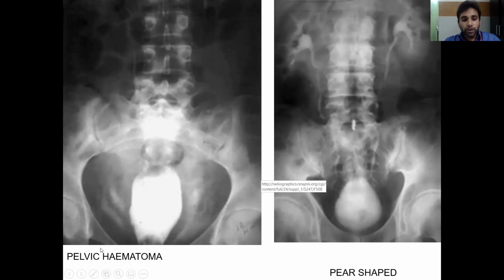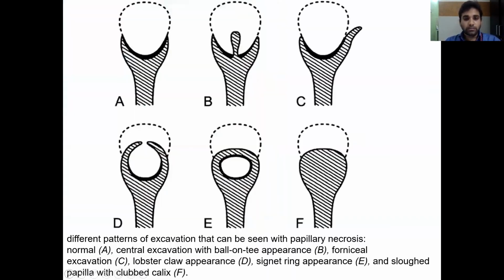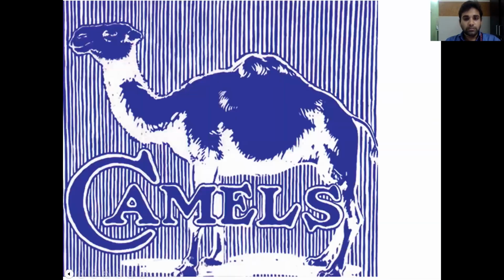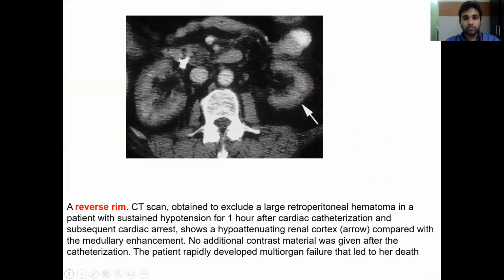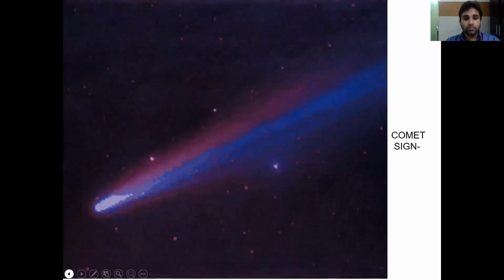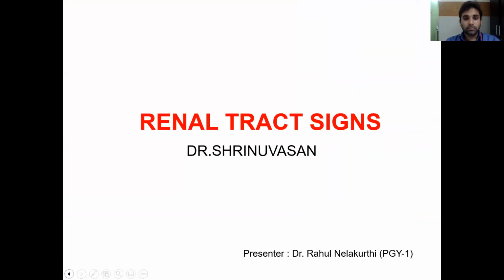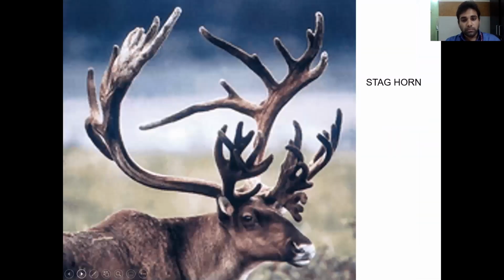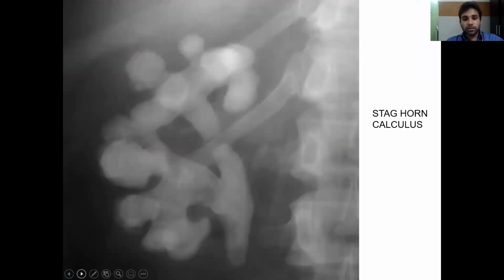Okay. We'll now go through all the slides once again. So first, this is the Staghorn calculus.